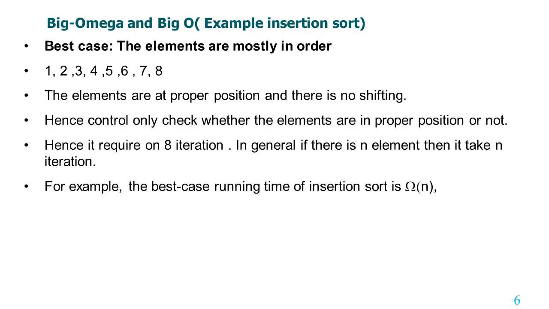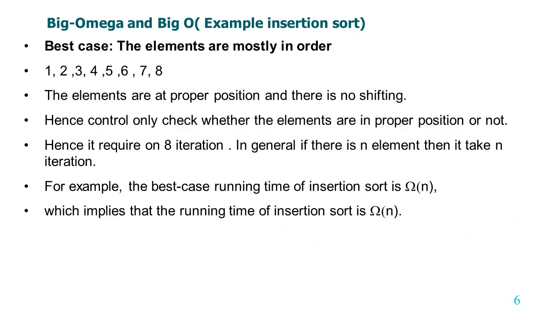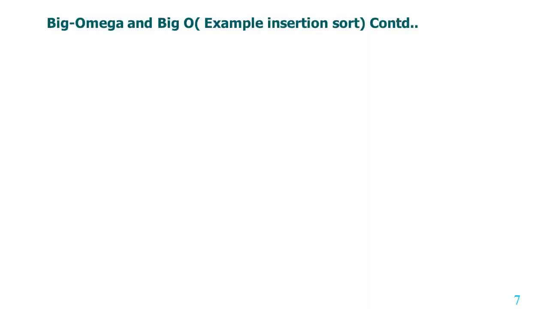In this way, the best case running time of insertion sort is omega n. To represent the best case, we use omega notation, which implies that the running time of insertion sort in the best case is omega n.